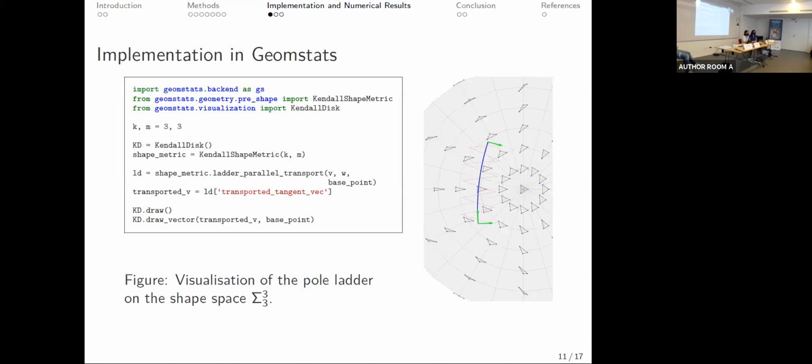We implemented the two methods in the Geomstats library, so it's perfectly reproducible, and you can use it if you want to. This is a representation of the method on a Kendall shape space, which is the one of triangles in dimension 3.